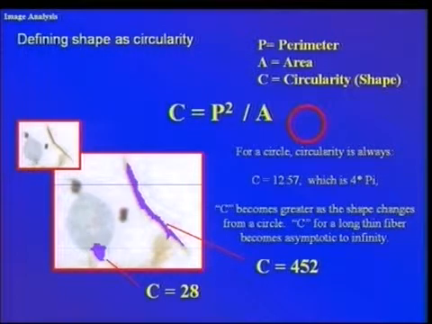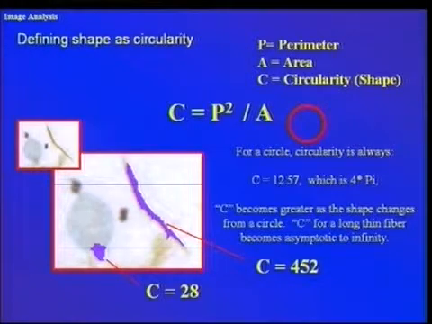He defined the relationship of the perimeter to the subtended area by squaring the perimeter and dividing by the area. This, he determined, for a perfect circle is always 4 pi. It can never be less than 4 pi. It's always 12.57 for a perfect circle.